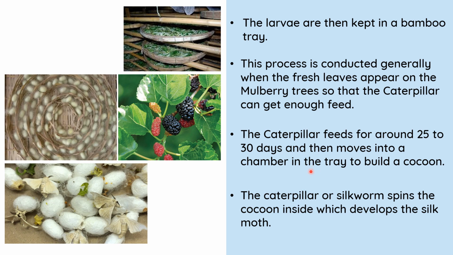The farmers take the cocoons and arrange them like this in the bamboo tray. The caterpillar or silkworm spins the cocoon, inside which the silk moth develops. By breaking this cocoon, the adult silk moth comes out.